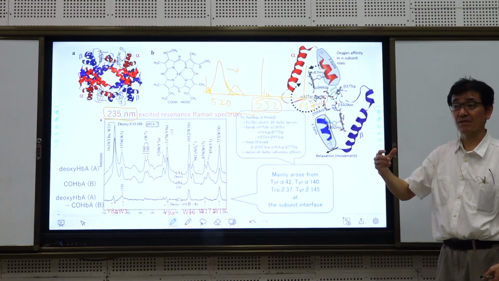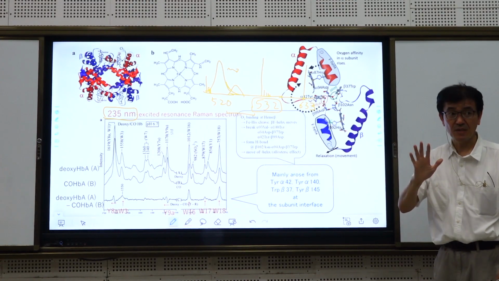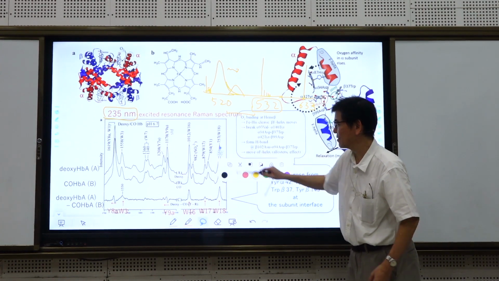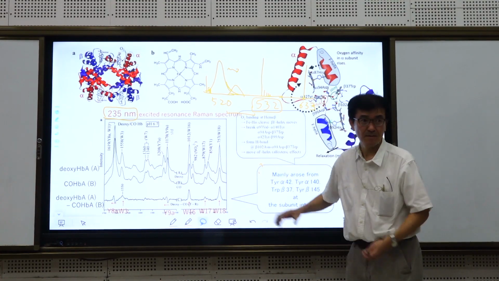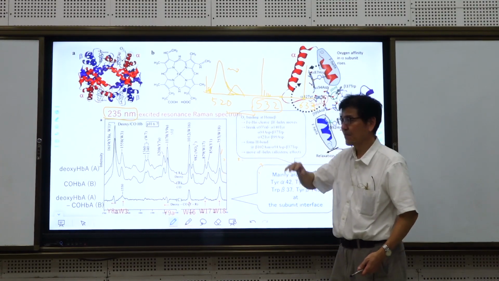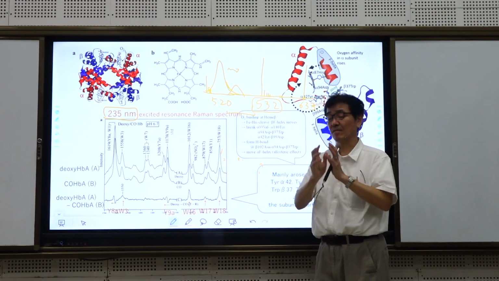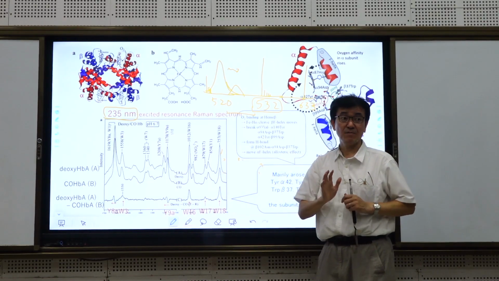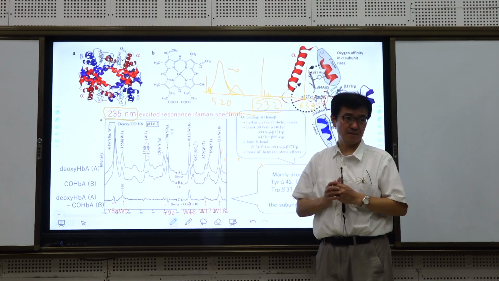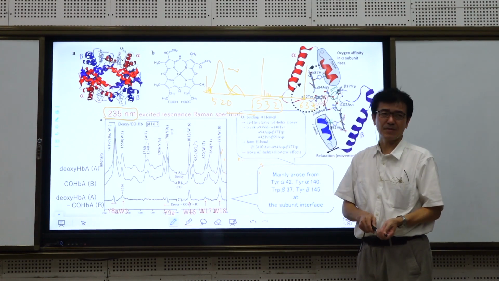Then I start the resonance Raman measurement with 1 or 2 milliwatts, and after 5 minutes, the intensity becomes 70%. So the intensity becomes smaller and smaller over time. That is, UV irradiation damages the sample, so decomposition occurs. So every 5 minutes, I replace the sample with a new one, and accumulate for 1 hour. So it's a problem indeed.